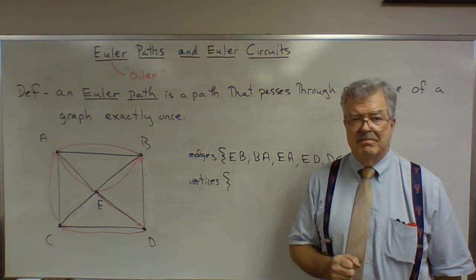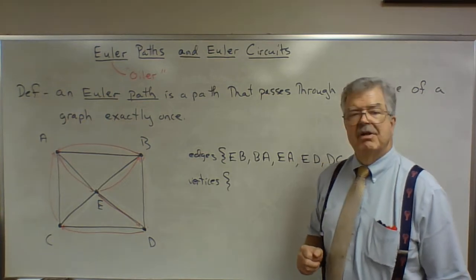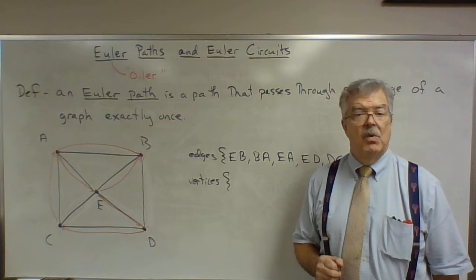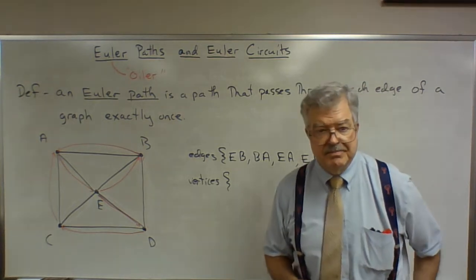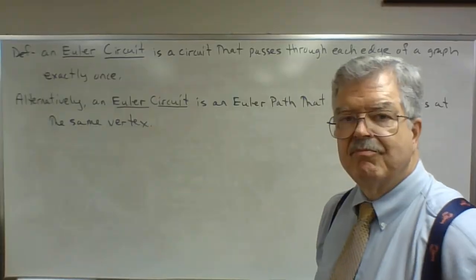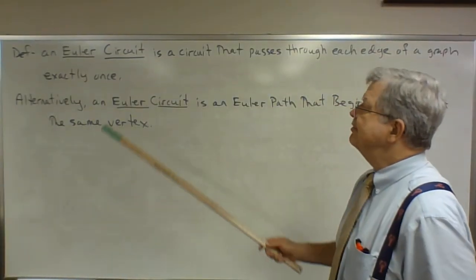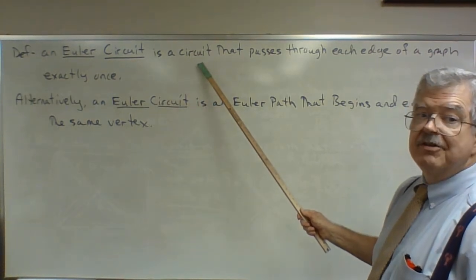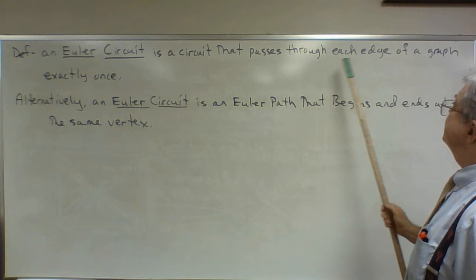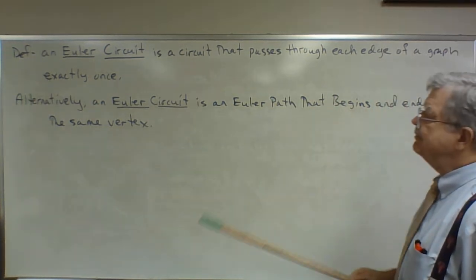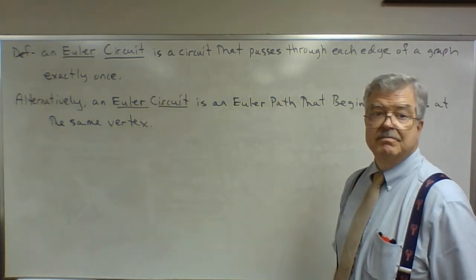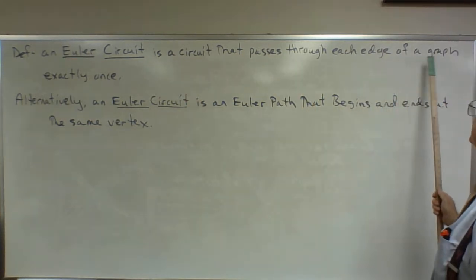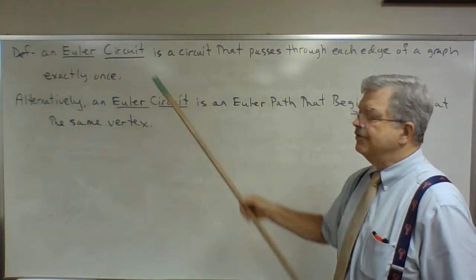Before we do that, I want to introduce a closely related topic, and that is Euler circuits. An Euler circuit is a circuit, starting and ending at the same vertex, that passes through each edge of a graph exactly once.